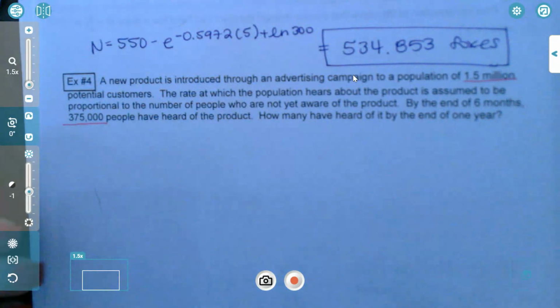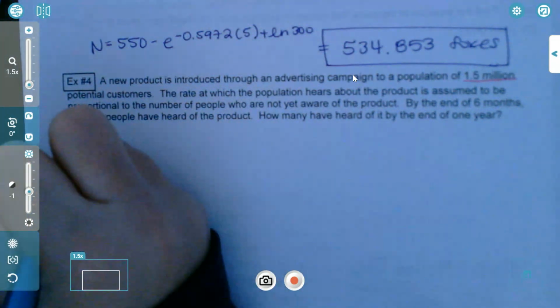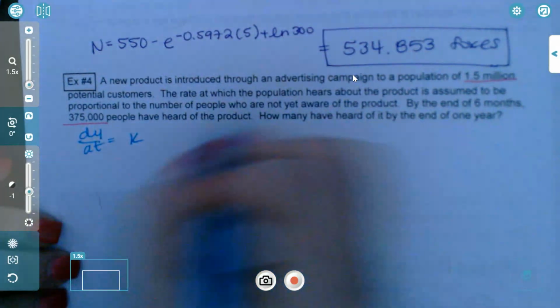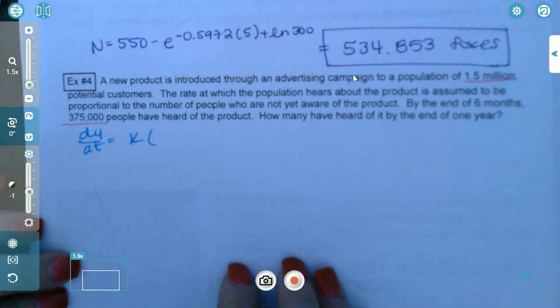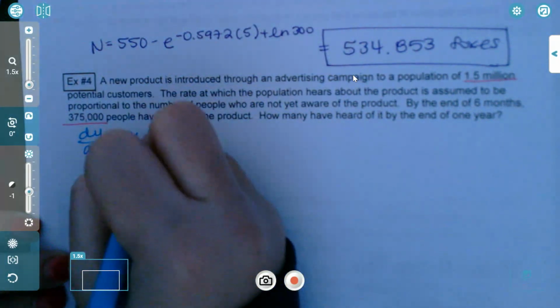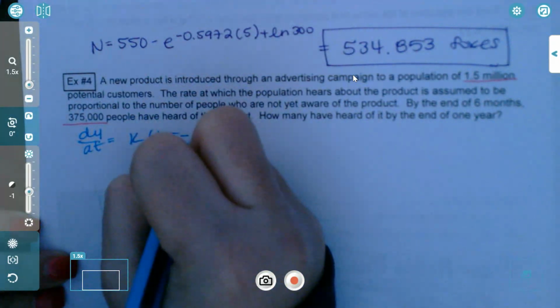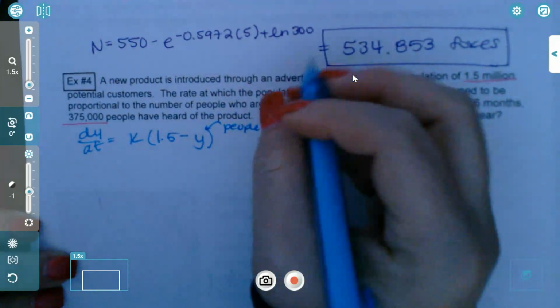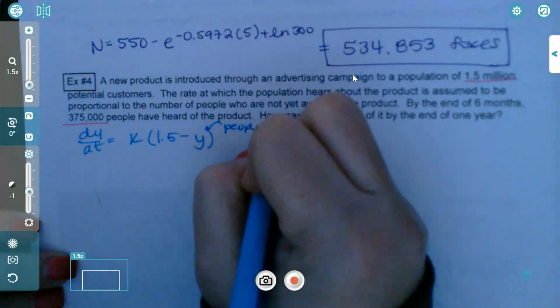All right, so here we go. Let's start. We've got dy/dt. It's going to equal our proportionality constant times our relationship. So our relationship is going to be 1.5 minus y. And remember, y is the number of people that have already heard.